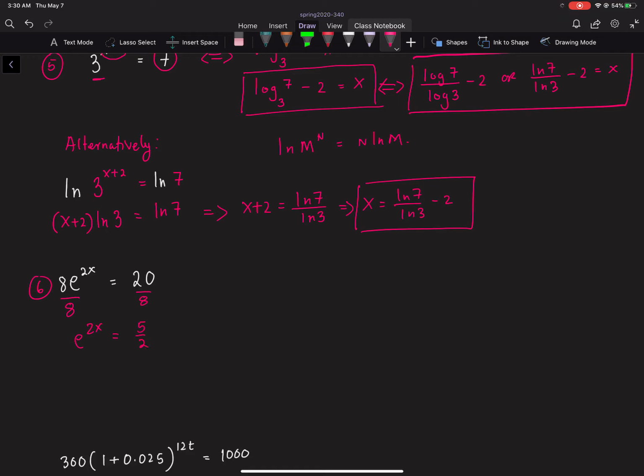Now, since I'm in base e, if I switch it to a logarithmic expression, that becomes ln 5 over 2 is equal to 2x. So x is equal to 1/2 ln 5 over 2, which if you apply your laws of logarithms is the same as writing ln of the square root of 5 over 2.